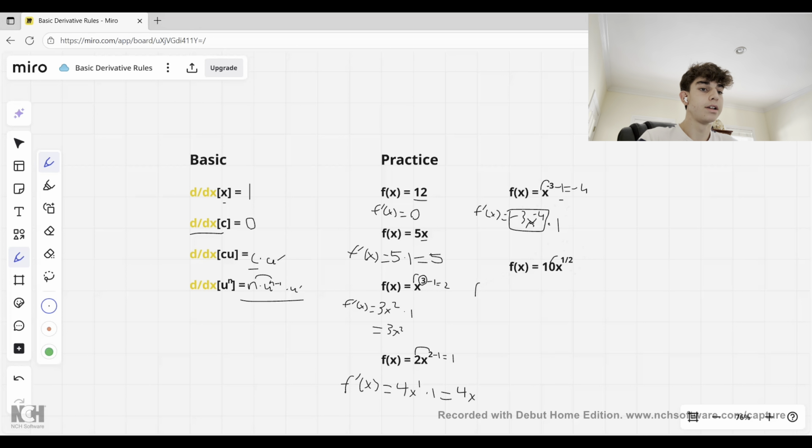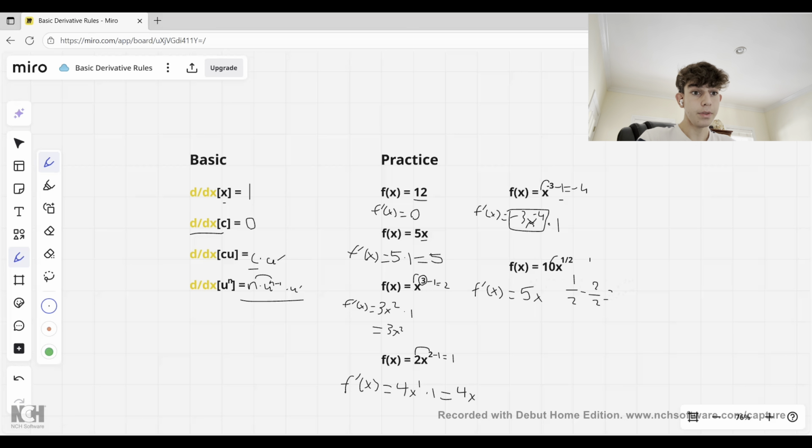And then this final practice problem up here, you have the derivative f prime of x. And again, don't let it trip you up, the exponent is 1/2. You're just bringing it down still. So 10 times 1/2 is going to be 5. You're going to keep your x here. And you're going to subtract the -2 by 1, which, if you know your fraction rules, is going to be 2/2.